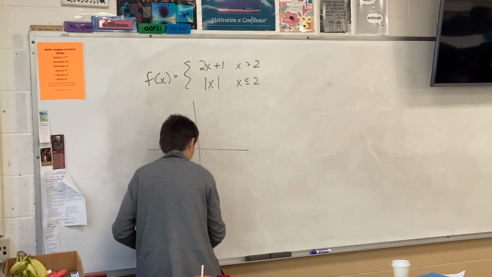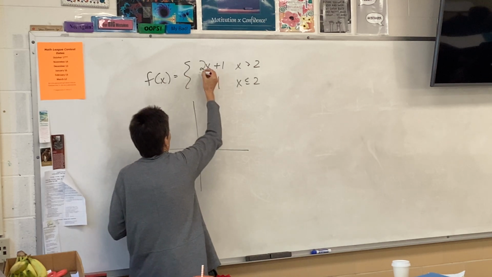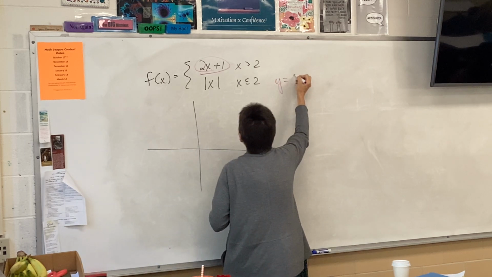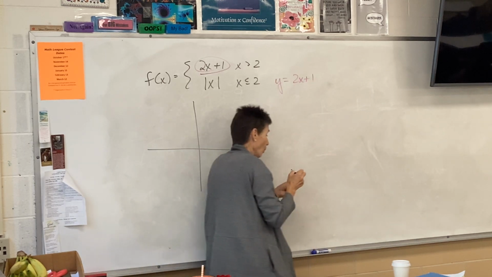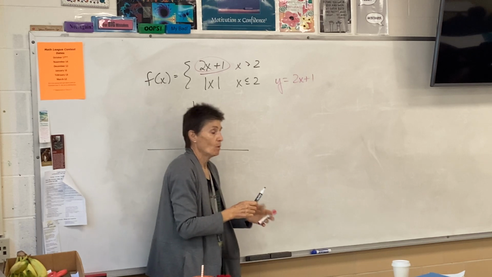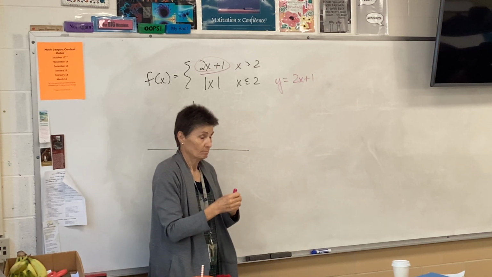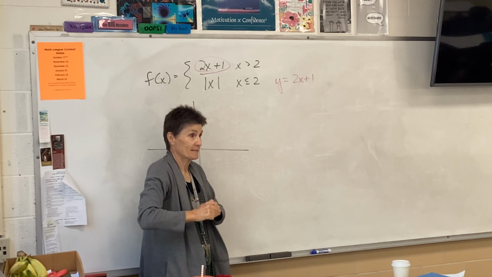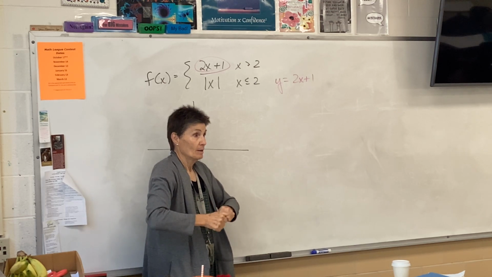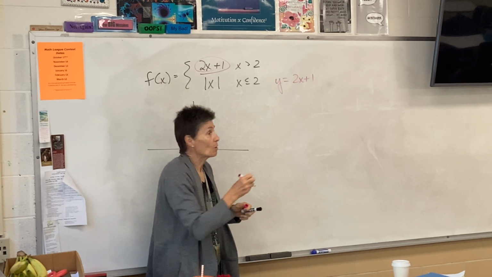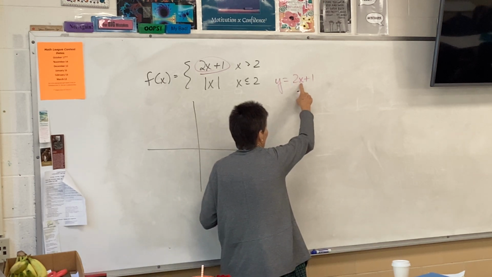One at a time. Our first equation here is basically y equals 2x plus 1. What shape is y equals 2x plus 1? What shape is that? It's linear, right? Plain x, it's linear. So y equals mx plus b.